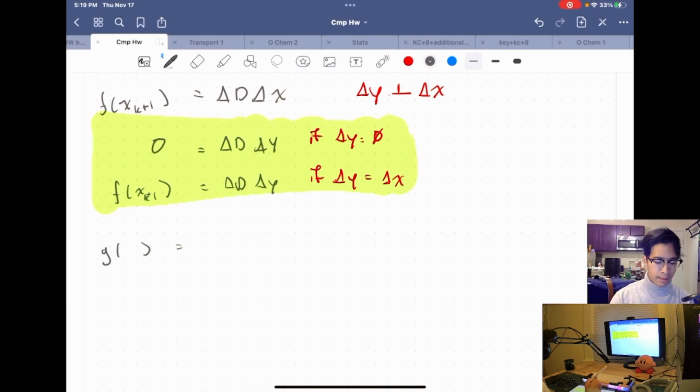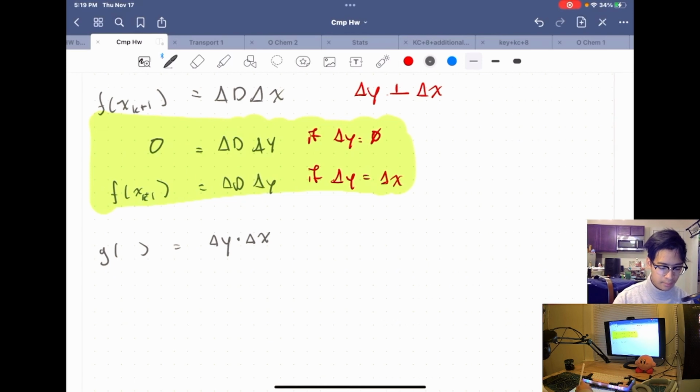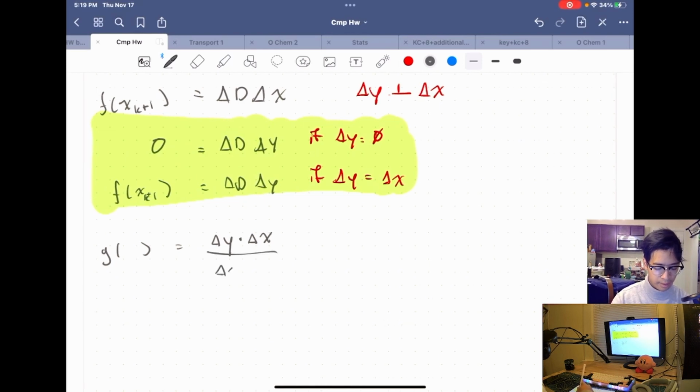It will equal, if I recall correctly, delta y dot product delta x over delta x dot product delta x, multiplied by f of x k plus 1. I had to stop and think, slow down and remember that.